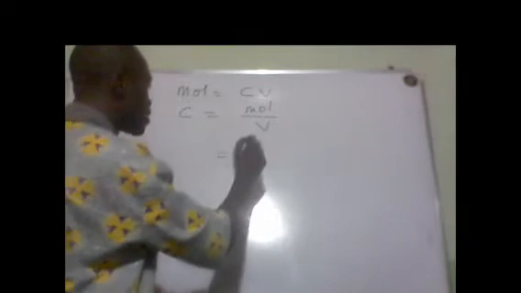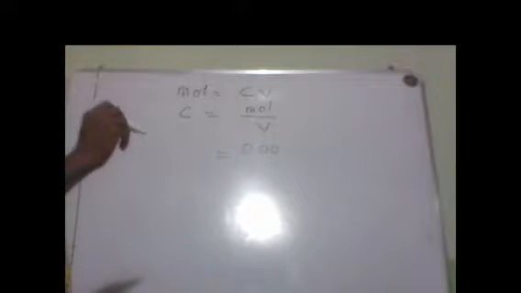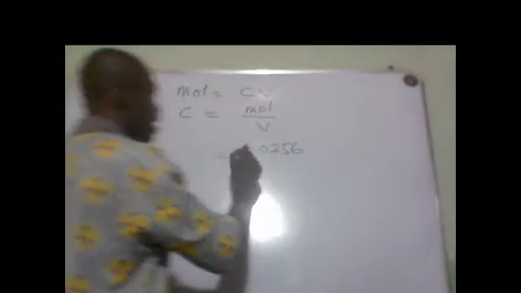The mole we calculated was 0.0256, and then our volume, average volume of acid we calculated was 20.15.